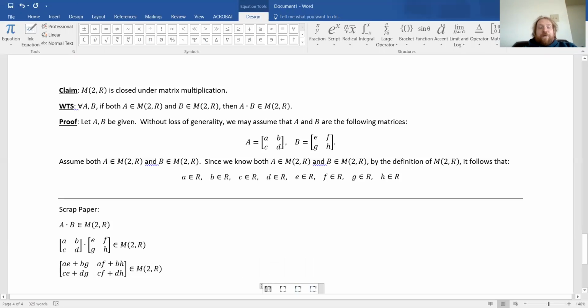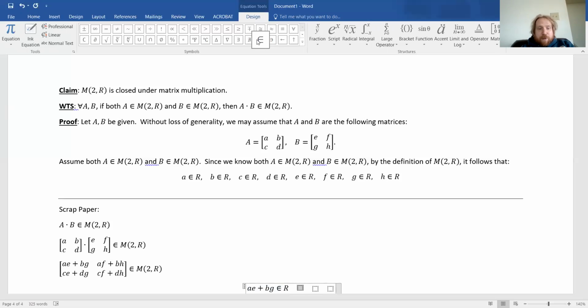For the 4 entries to be real numbers, AE plus BG needs to be in R. AF plus BH needs to be in R. CE plus DG needs to be in R. And CF plus DH needs to be in R.